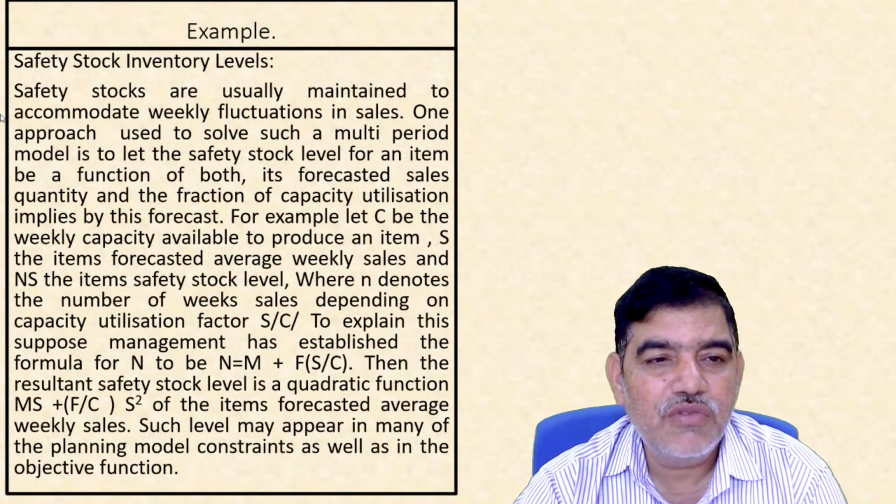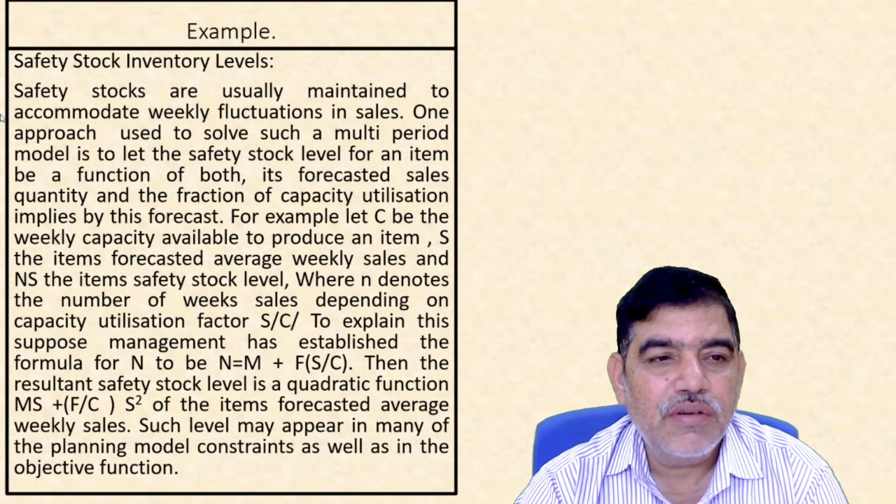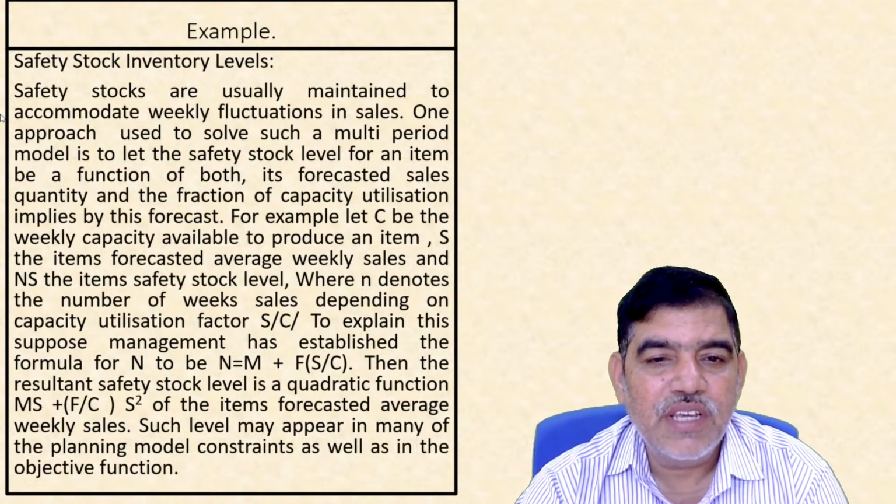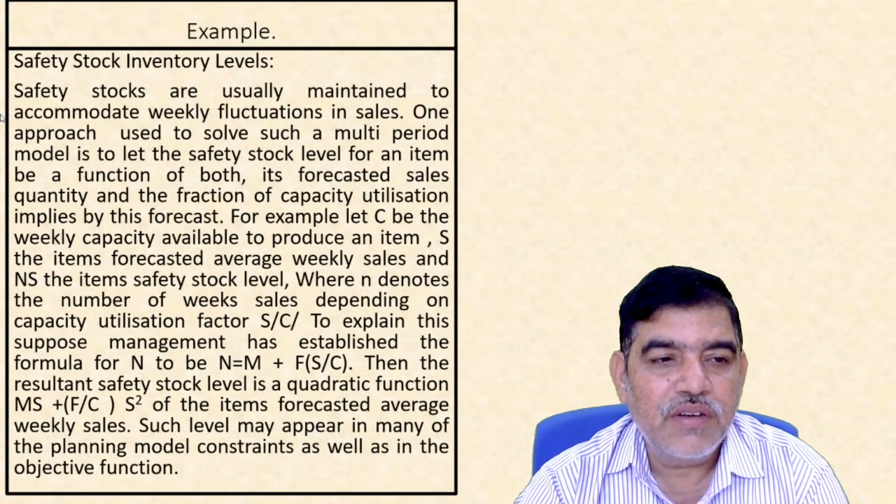One approach used to solve such a multi-period model is to let the safety stock level for an item be a function of both its forecasted sales quantity and the fraction of capacity utilization which is implied by this forecast.